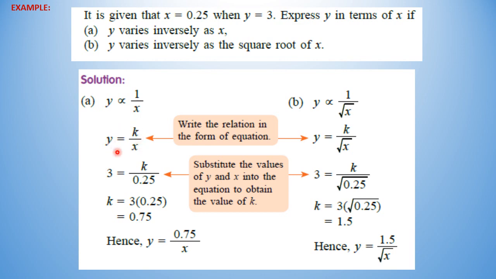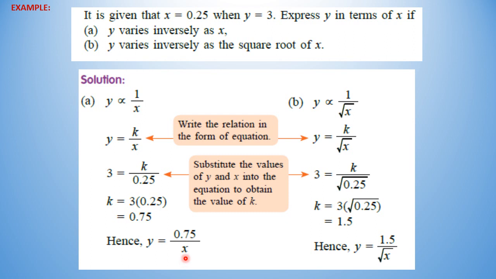After you write the equation, you substitute all the given values: x equals 0.25 and y equals 3. Multiply, and you get the value of k, which is 0.75. So you write your equation back: y equals 0.75 over x.